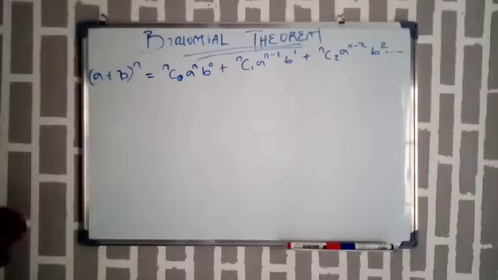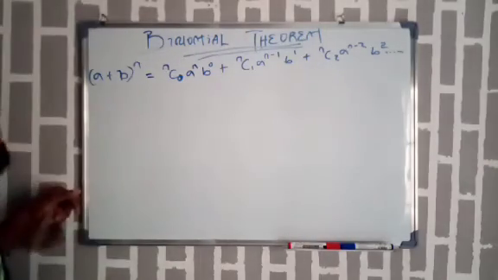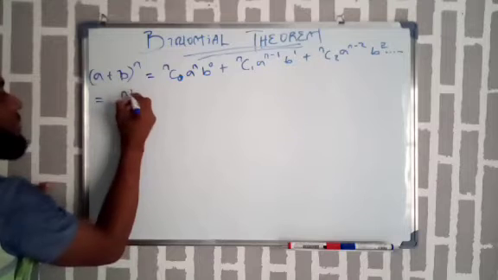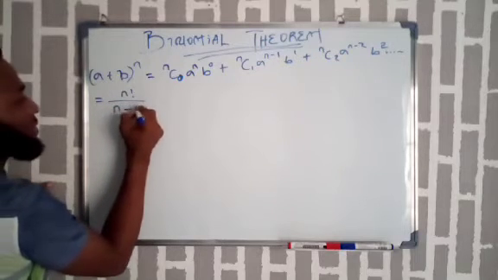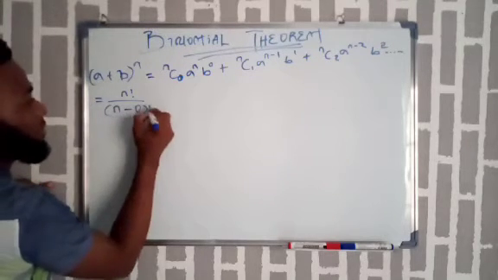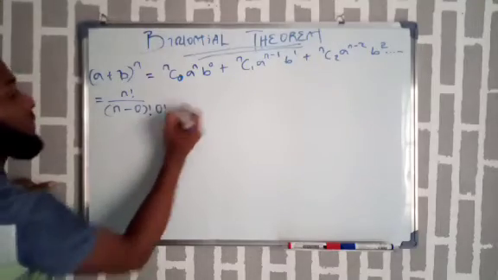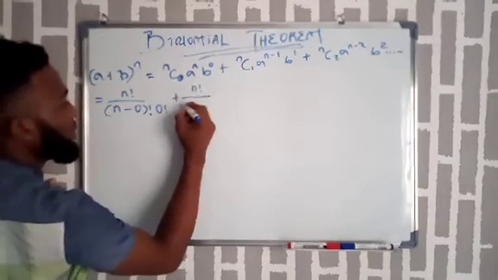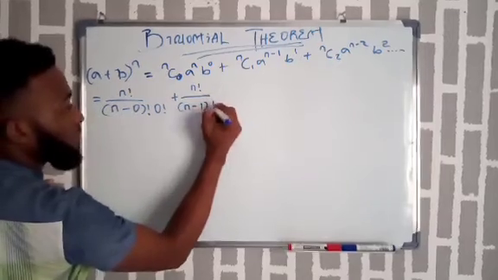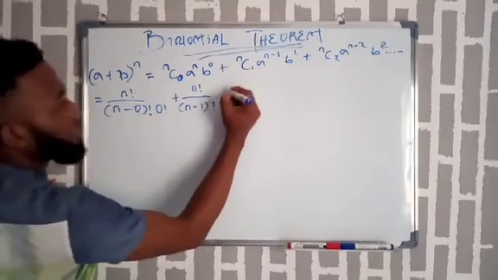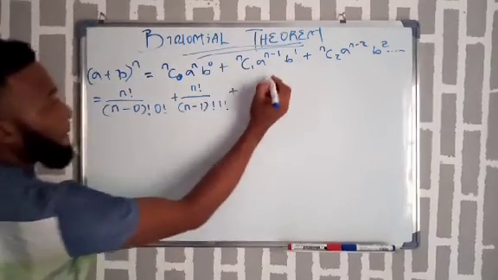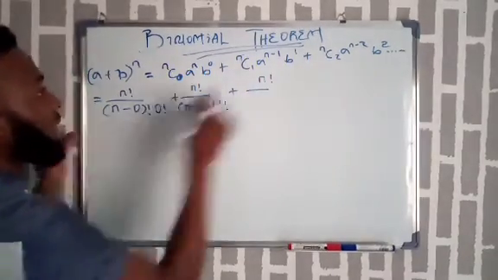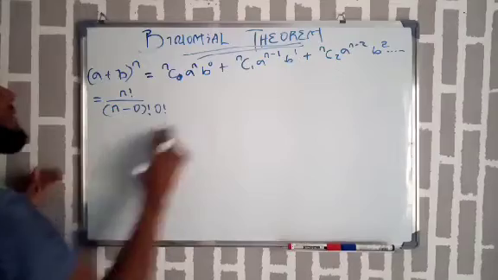So you can reduce this combination. What I taught you about combinations, that this means n factorial over n minus 0 factorial, 0 factorial, plus n factorial over n minus 1 factorial, 1 factorial, plus n factorial. Okay, sorry, I didn't write these letters.